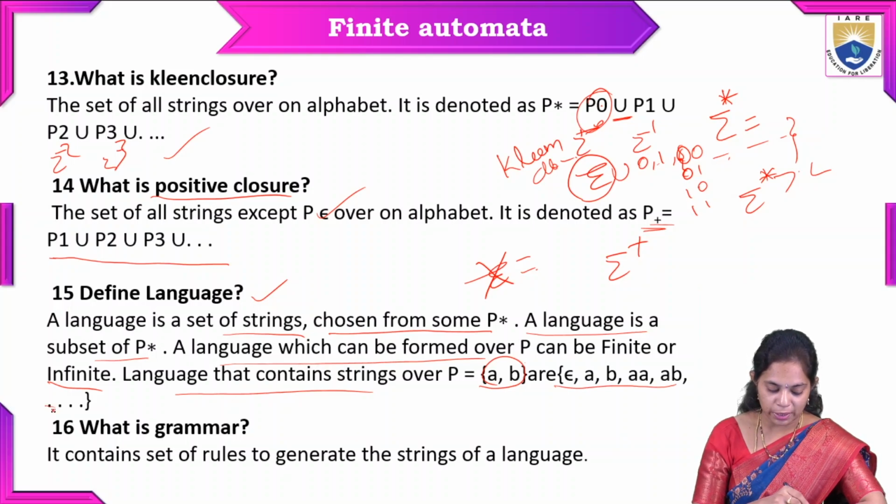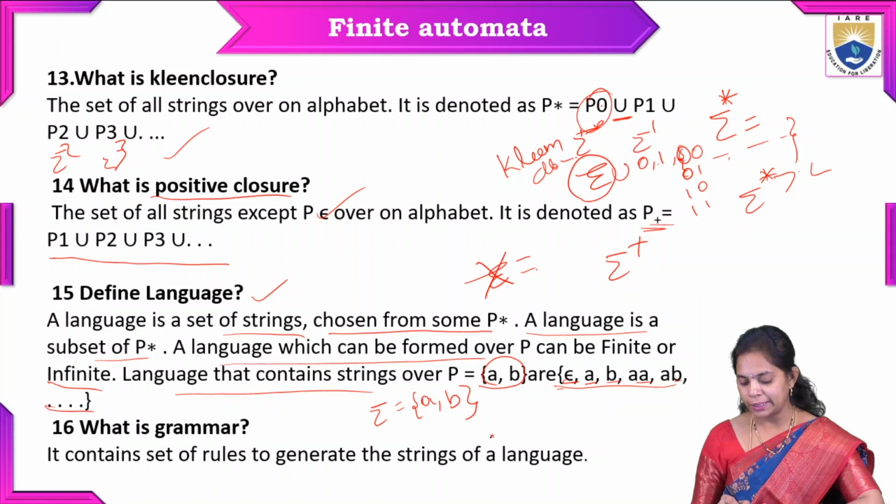We write all of them together as a language. So sigma equals a, b, and sigma star is epsilon, a, b, ab, and so on, written together.